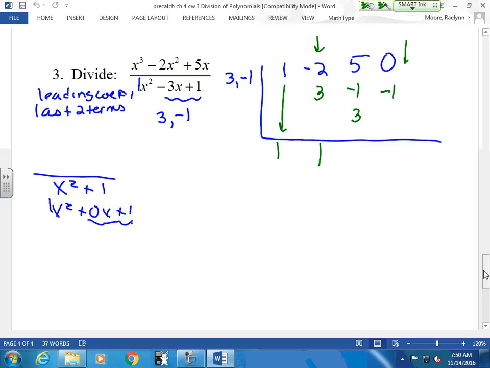So if you add these down, you get 7 and -1. Now, the highest is x3 over x2. So what am I going to start this guy with? X. 1x plus 1. So I'm done. So this must be my remainder. Work your remainder backwards. This would be x0. This would be x.